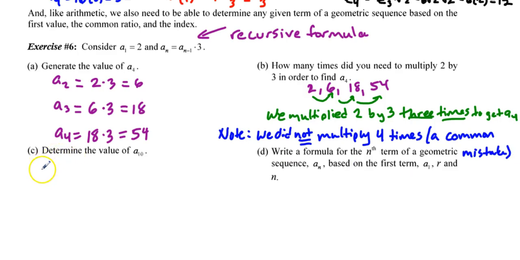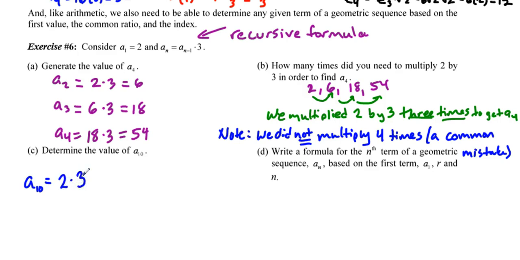Now finally, the value of the 10th term. Well, if we multiplied by 3 three times to get the 4th term, 1 less, it follows that we'd multiply by 3 nine times to get to the 10th term, 1 less, because we already got the starting point. That's a sub 1, which I can just put in here as a 2, right? Then we're going to multiply by 3.